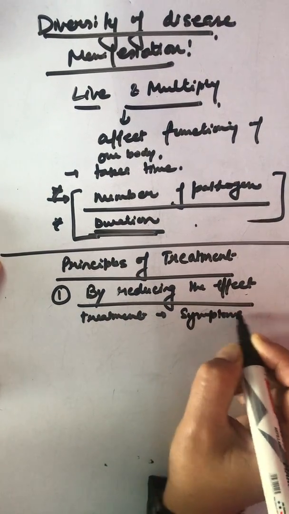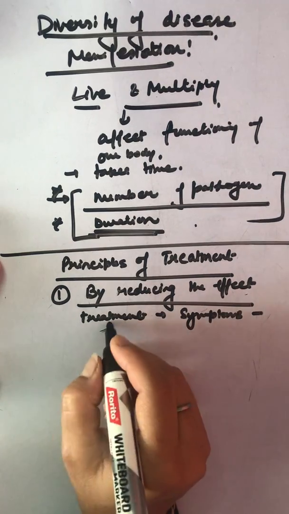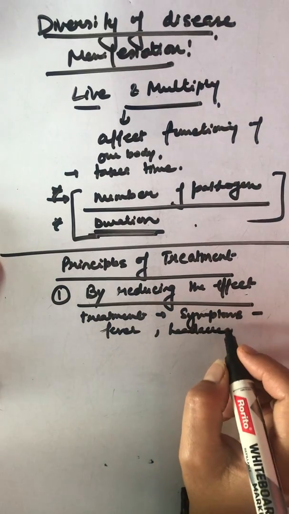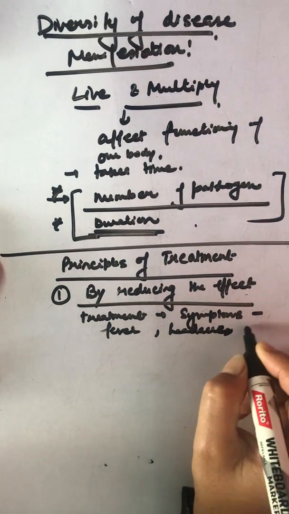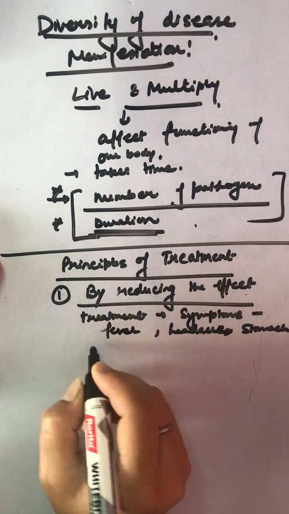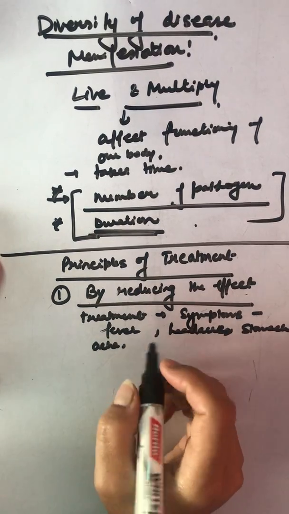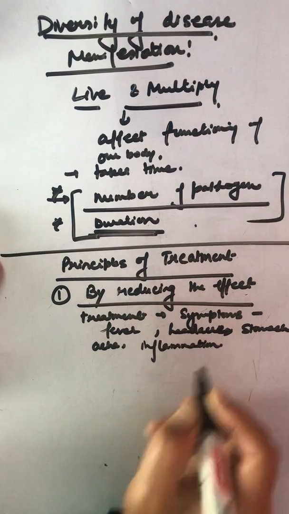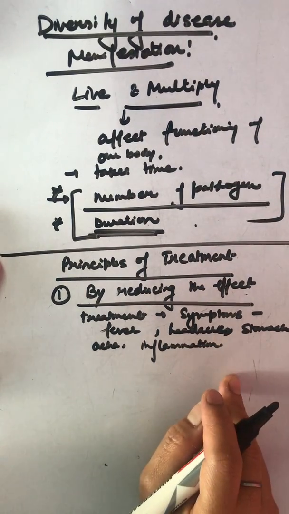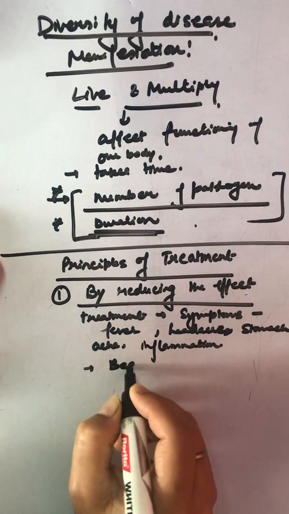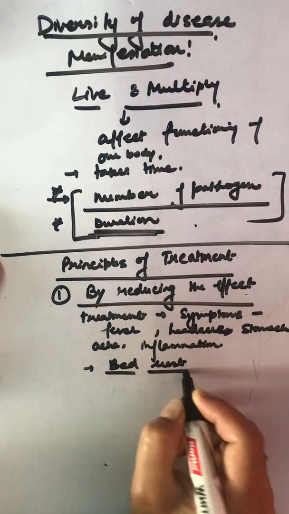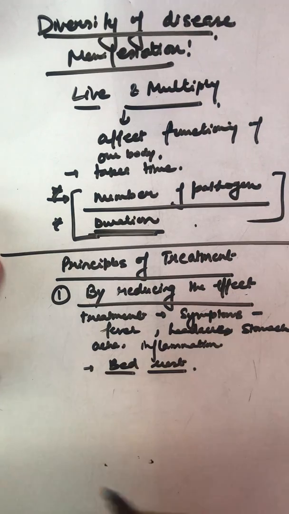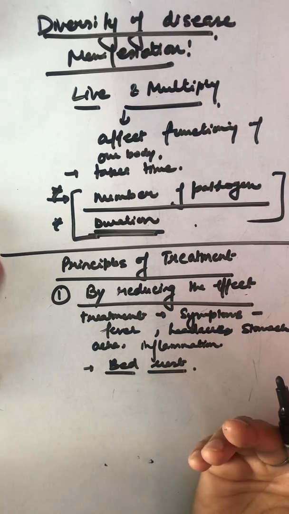Symptoms that may be general, that may be specific, like fever, headache, stomachache, inflammation. So treatment is given to reduce these symptoms. Then bed rest, always. When the body is at rest, not functioning so much, in order to conserve energy, we will get a better cure.